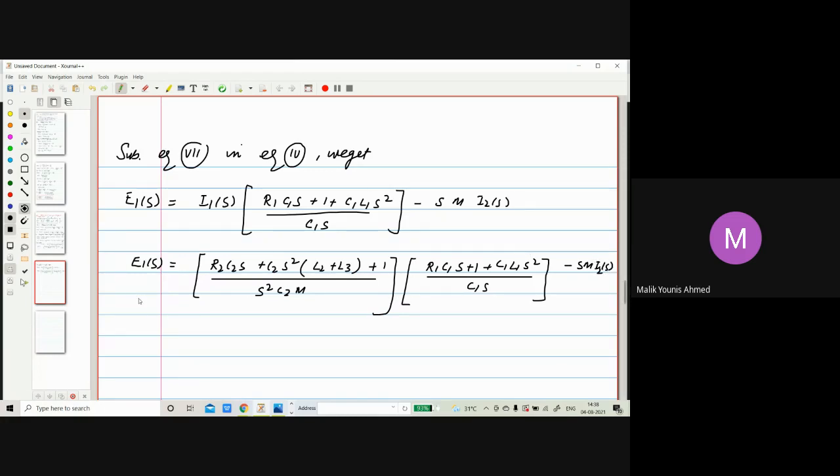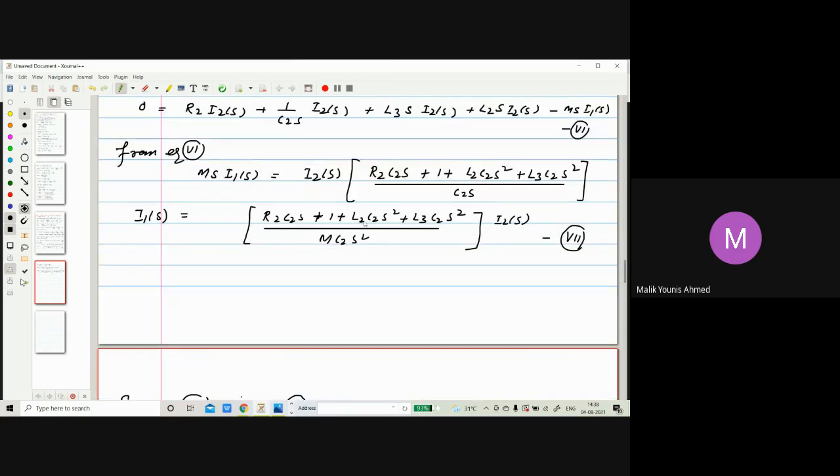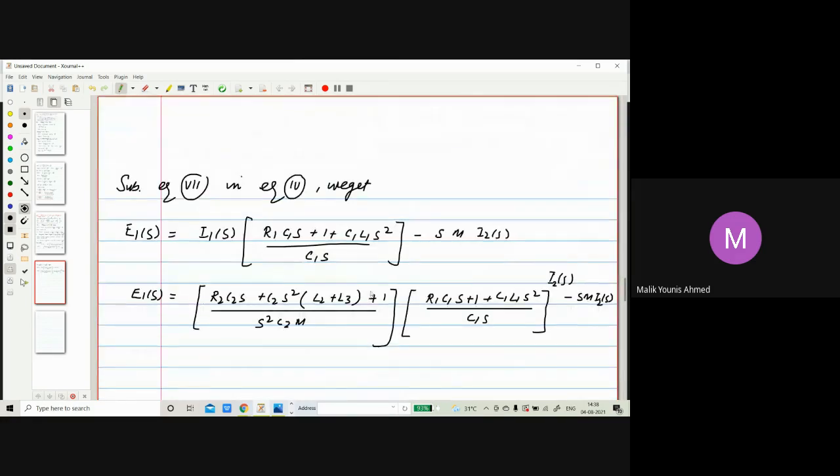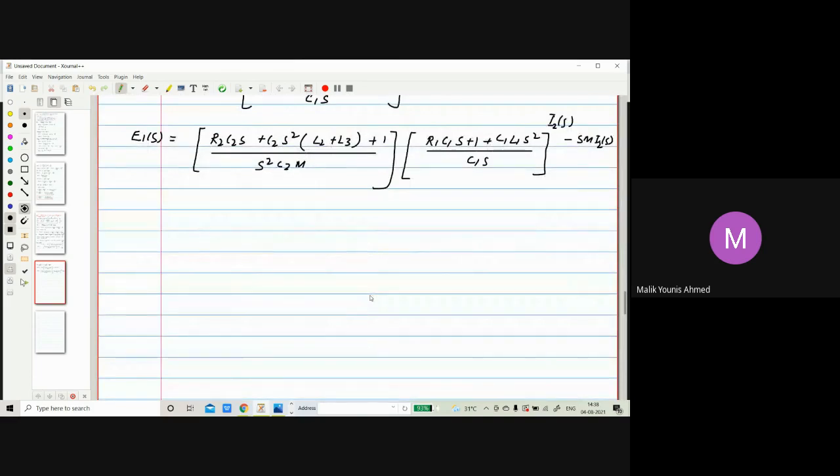You can very clearly see this is multiplied by I2 of S. Why I2 of S? I2 of S is coming from here. Okay, fine. Then E1 of S can be further written as, so what we will try to do, we'll try to multiply these two quantities. So I2 of S I will get common. I will try to multiply this.